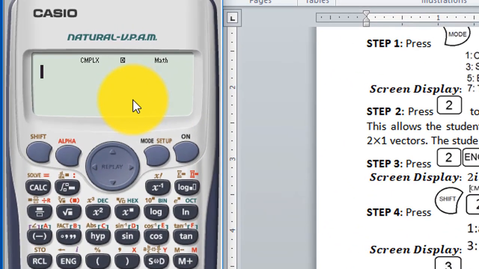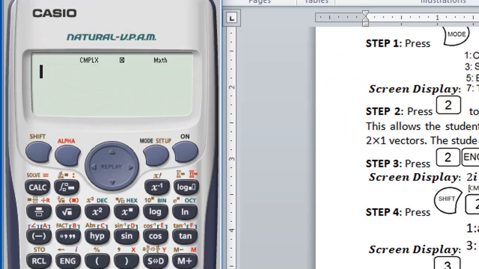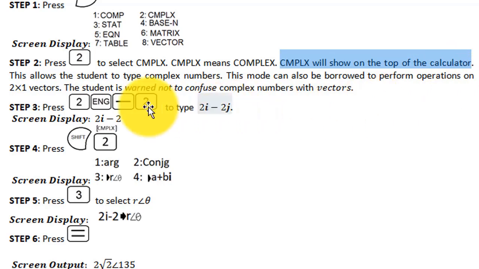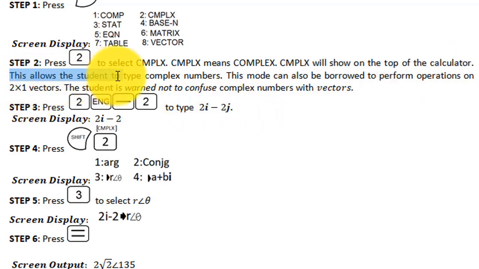The moment you press 2 to select the complex, make sure that you have CMPLX on top of the screen. So you see it over here. CMPLX will show on the top of the calculator. This allows the students to type complex numbers.